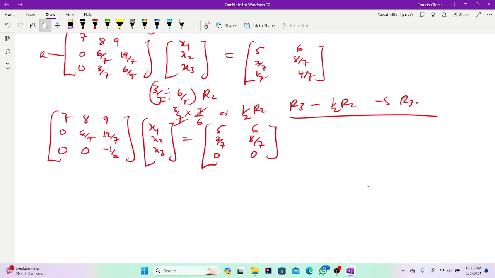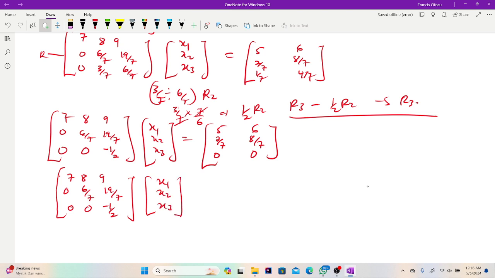So now I can find two sets of x values, right? So here I'll decompose: I'll get 7, 8, 9; 0, 6 on 7, 19 on 7; 0, 0, negative half, multiplying x1, x2, x3, is equal to 5, 2 on 7, 0, as one of them.